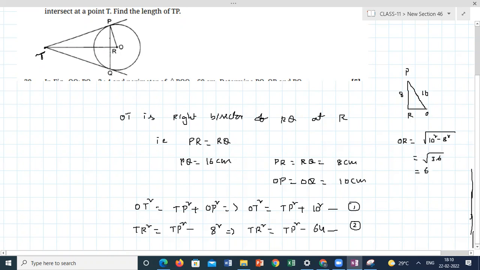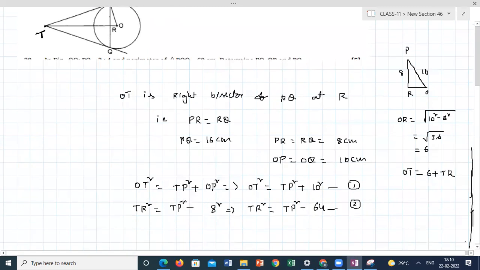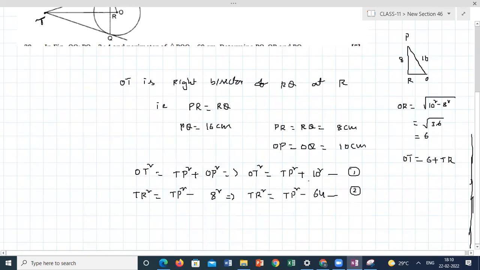It is 6. So OT can be written as 6 plus TR. So from equation 1, 6 plus TR whole square is equal to TP square plus 100. Is it clear, students, what I'm writing?